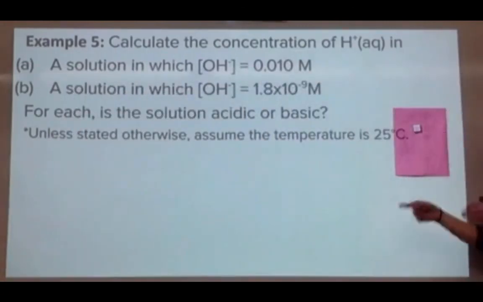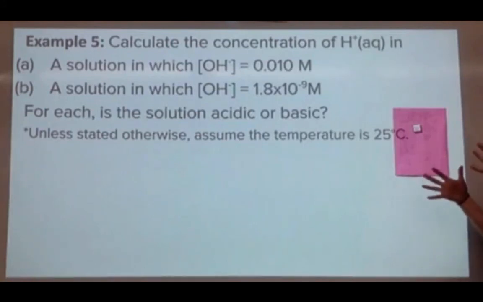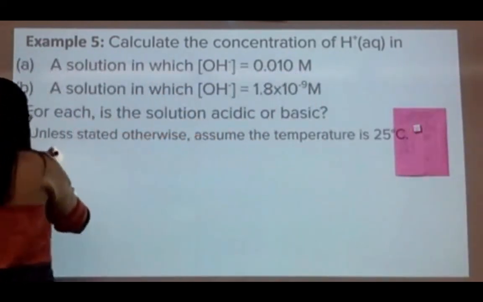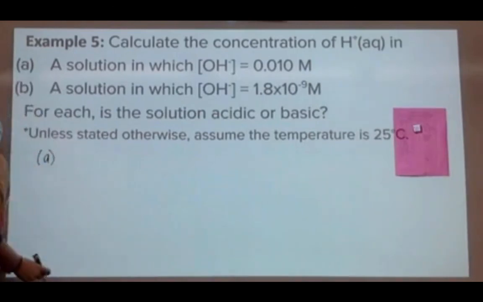On your equation sheet, you always have KW. Notice it says, unless stated otherwise, assume the temperature is 25 degrees. Otherwise, we can't use the KW comparison. Or they would have to give us a new KW.